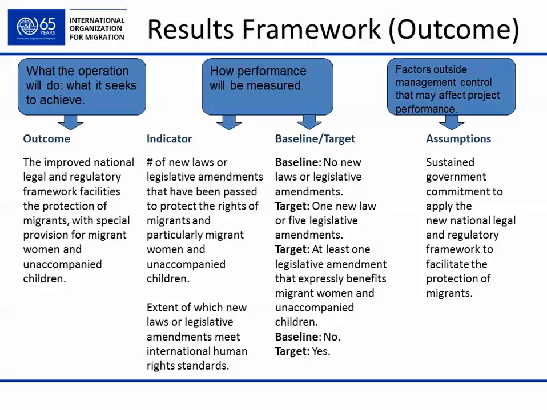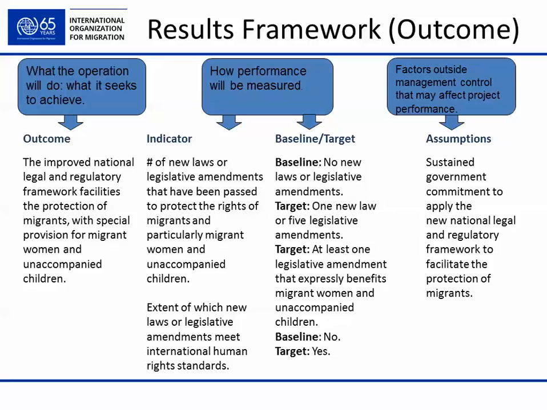At the end of the project, we are supposed to achieve 1 new law or 5 legislative amendments. And another target: at least 1 legislative amendment that expressly benefits migrant women and accompanied children.